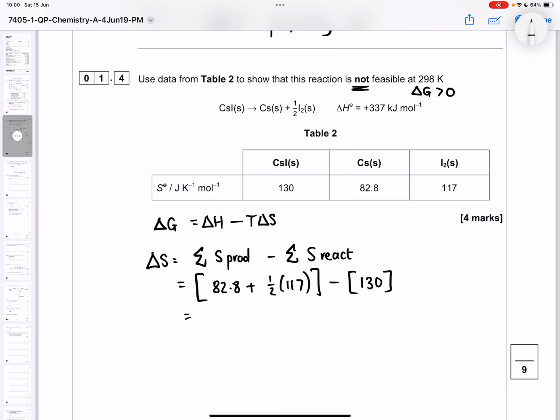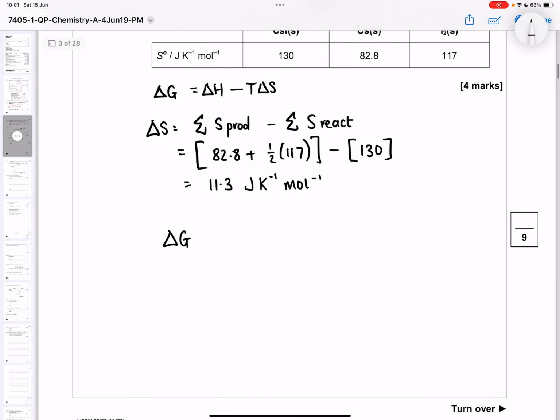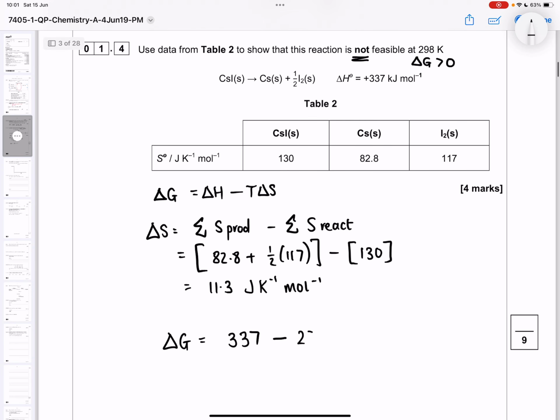We'll type that onto our calculator. And we've got 11.3. Now just remember that 11.3 is in joules per Kelvin per mole. When we're calculating delta G in kilojoules per mole, we're combining delta H already in kilojoules per mole. And we're going to minus T times delta S, and it's giving us a temperature of 298 Kelvin. It's already in Kelvin, so that's okay.